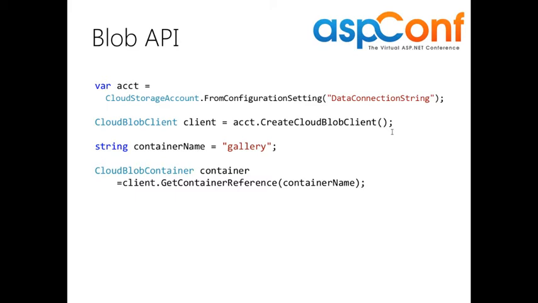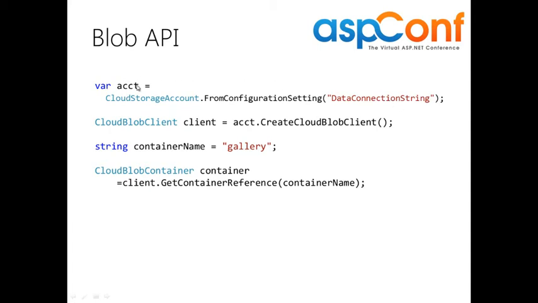Blobs are always stored within a container. So, as with all storage, we need an account, and we also need a container to store them in. The code for doing that is, first we need to get the account. This is exactly the same thing we saw before with tables. We've got the static method CloudStorageAccount.FromConfigurationSetting. We pass in a connection string.